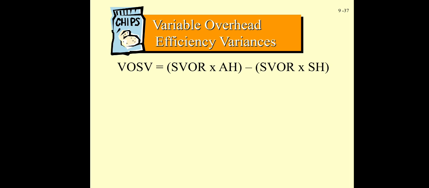Okay, now the second thing is how to calculate the variable overhead efficiency variance. You will use this formula: actual hour minus standard hour times standard variable overhead rate. So in this sample question, the actual hour is actual labor hour and the standard hour is standard labor hour.